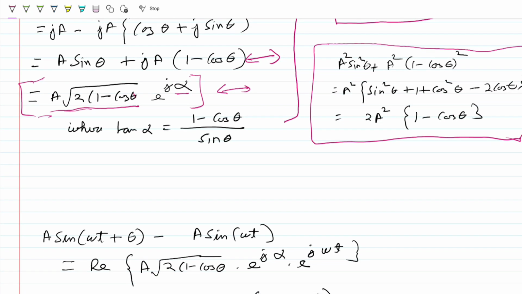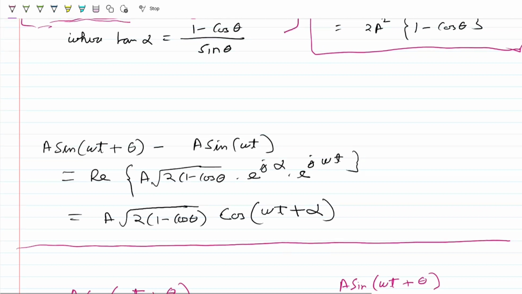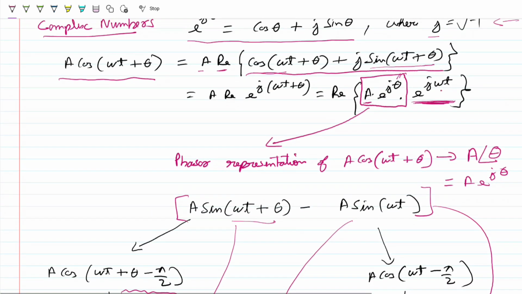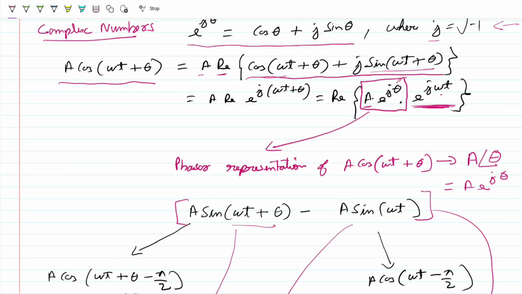So once we have the Phasor of this expression, we know that we can get the time domain signal back by using the definition of the phasors, which was shown here: the original signal is nothing but the real part of the Phasor into e to the power j omega t.